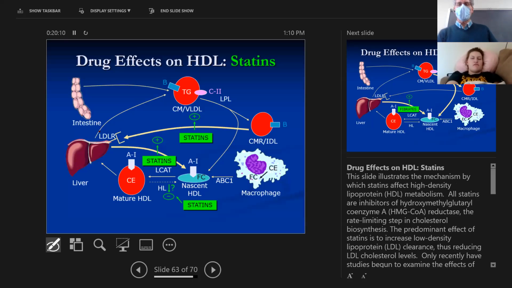So statins, because they increase the transcription of this gene, increase uptake of VLDL, IDL, LDL. So your LDL transit time goes way down.